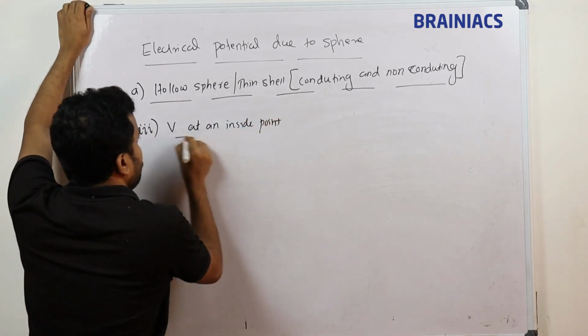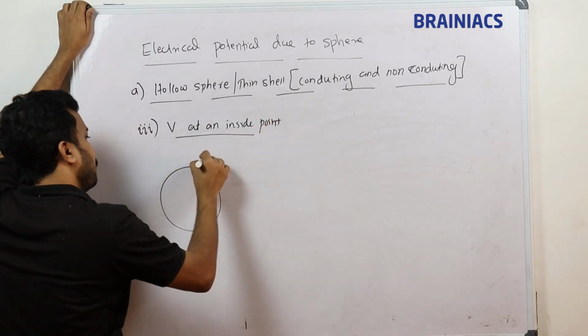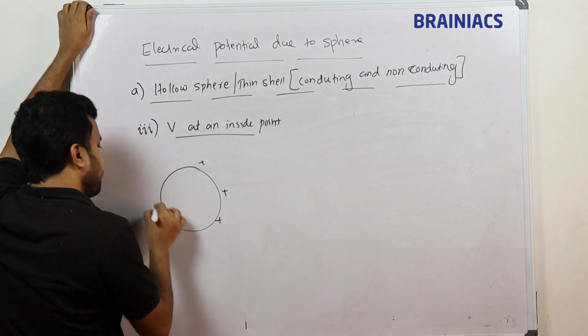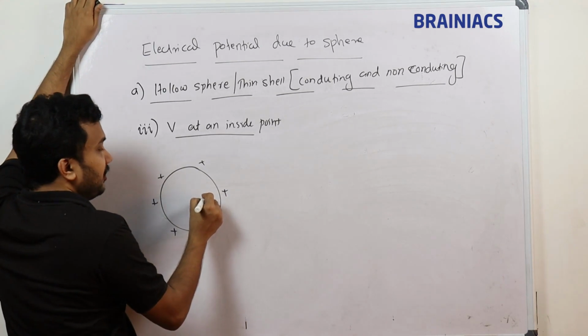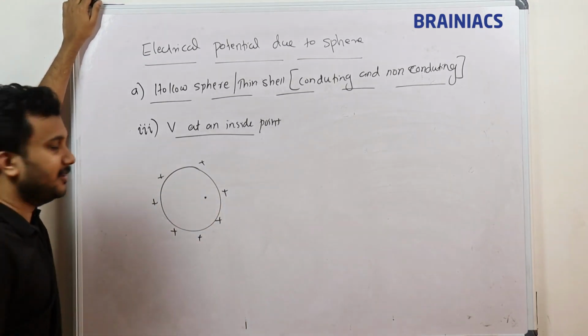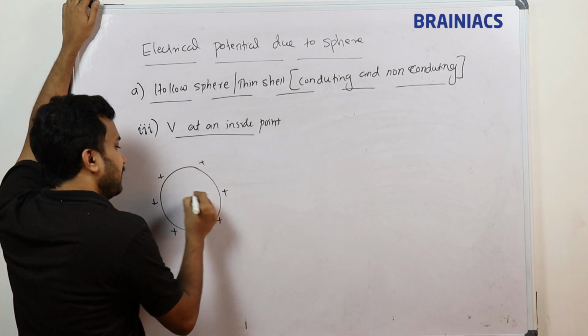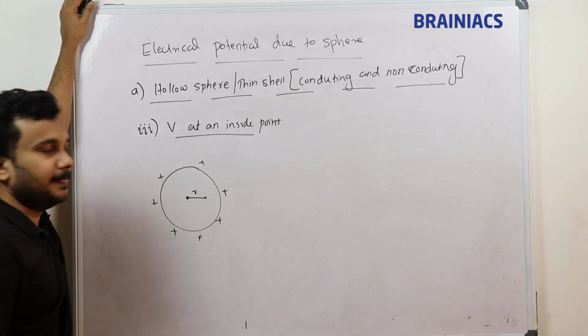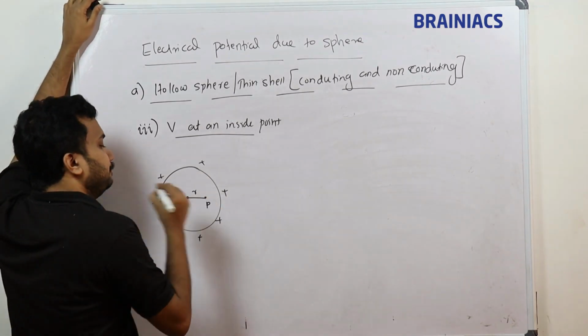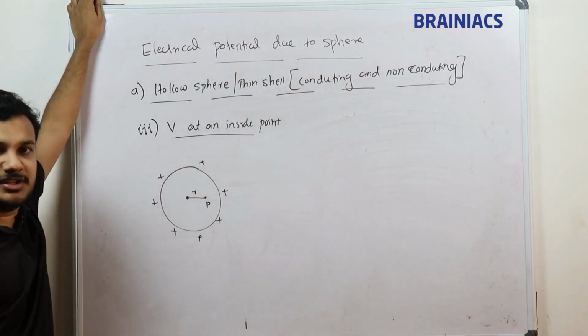Okay, so we have a hollow sphere like what we have seen before. Charges are distributed only at the surface of the sphere, and we are finding the potential at a point inside, at a distance of r meter from the center. This is the point P. What will the potential be here?